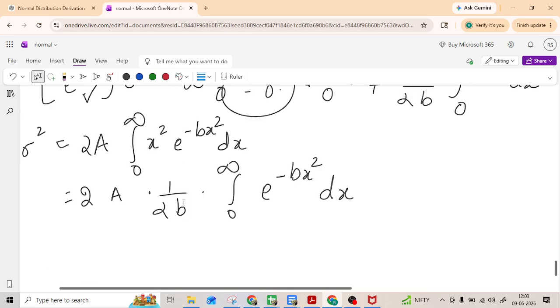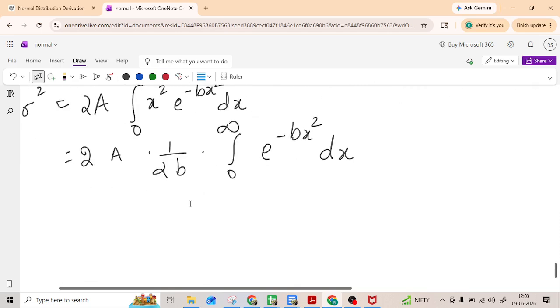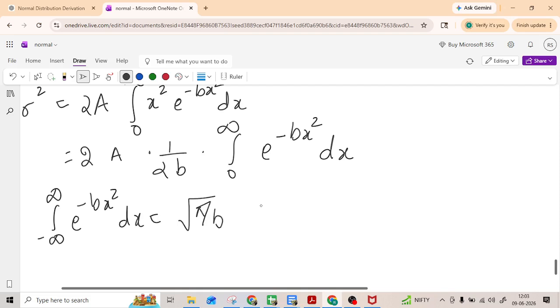We know that the integration of minus infinity to infinity of e raised to the power minus bx square dx is nothing but root pi by b, correct? Yes, this is something which we had derived earlier, which means that, again, this is symmetrical about x equal to 0.